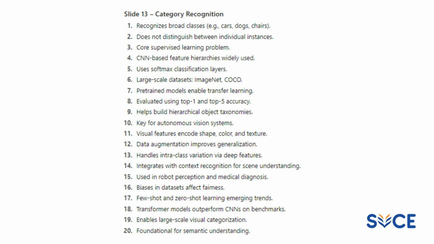Third, lighting and occlusion, which affect feature visibility. Fourth, background clutter, where irrelevant details may confuse the model. Next is data imbalance, where some categories have fewer samples than others.